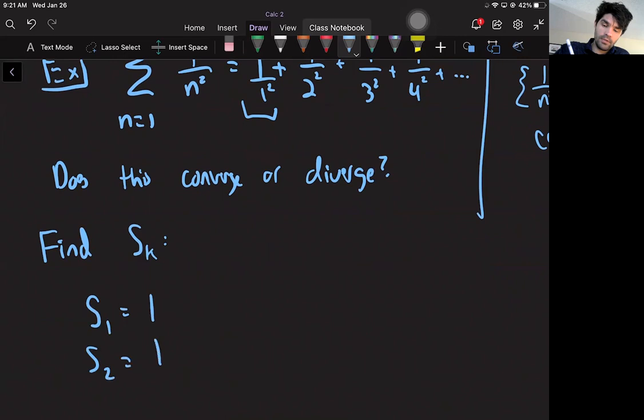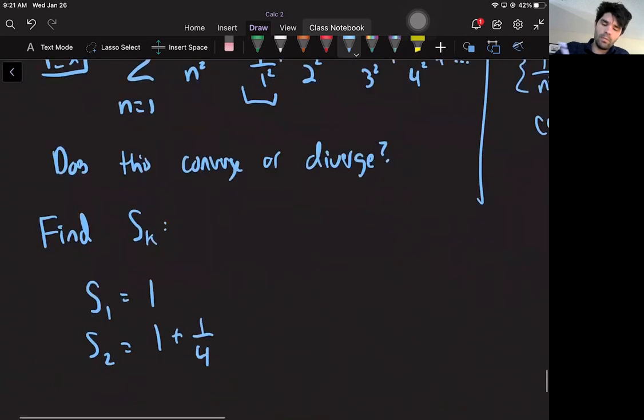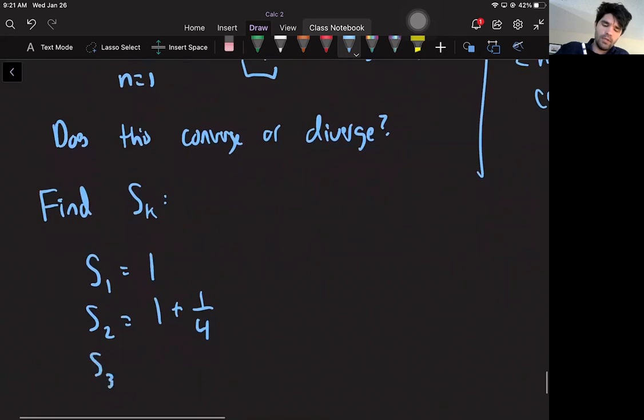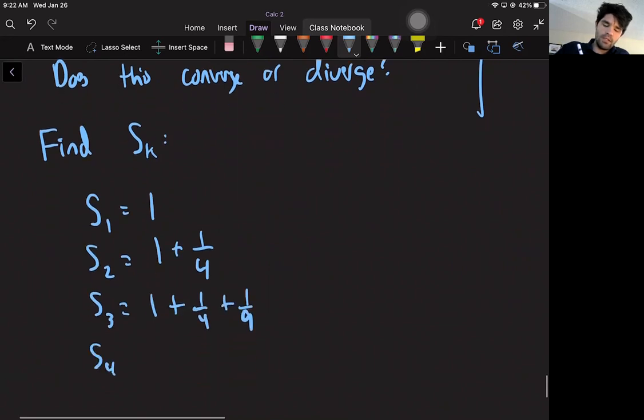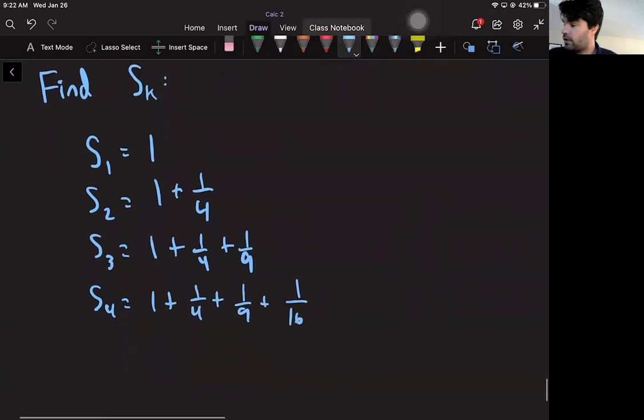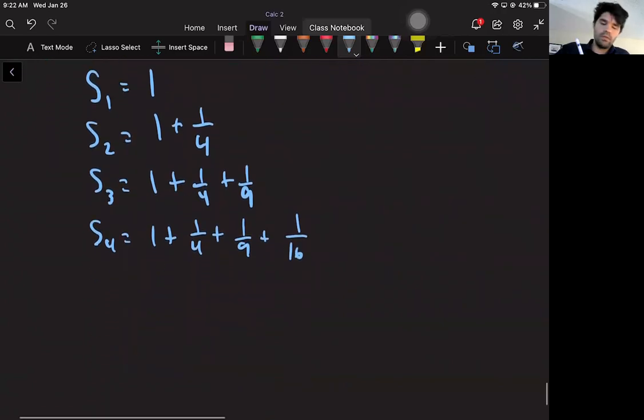S2 is adding up the first two terms, 1 plus a fourth. S3 is adding up the first three terms, 1 plus a fourth plus a ninth. And we need to see if this is going somewhere. So they're two different things. This list, we have to figure out if this is going anywhere.